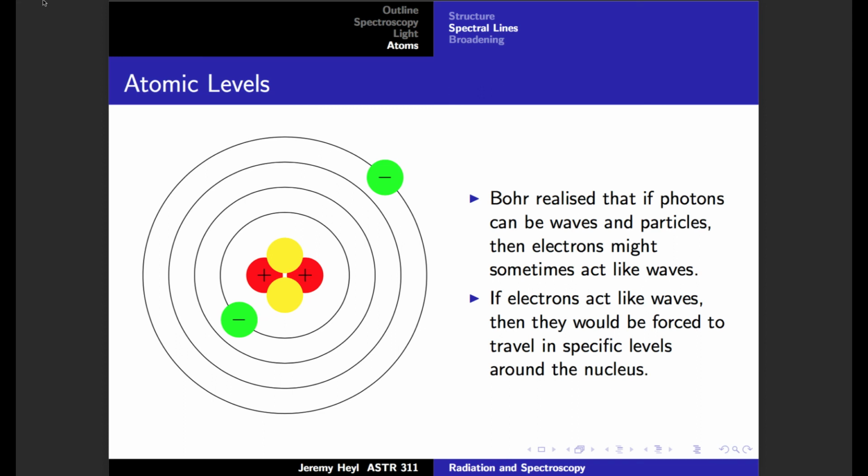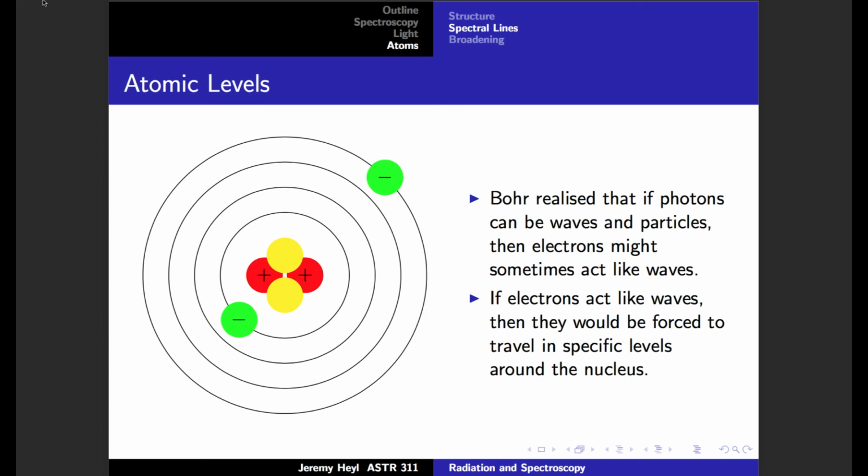So people immediately had these ideas that the positive charge would attract the negative charge, and these negative charges would orbit the nucleus just like the planets orbit the sun. The force law is exactly the same, 1 over r squared.